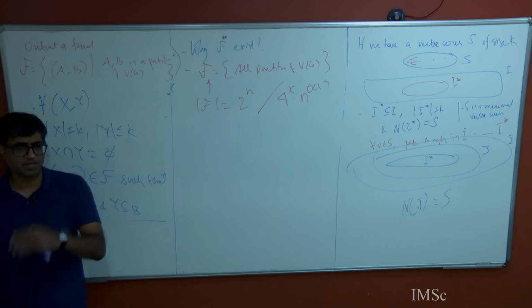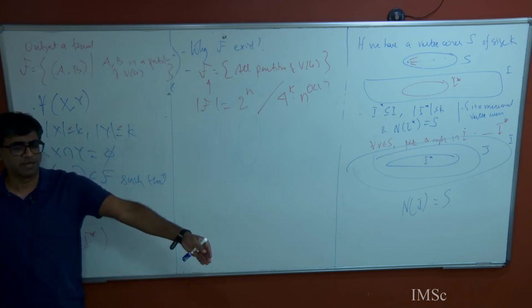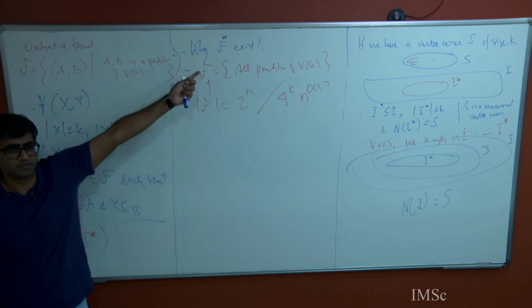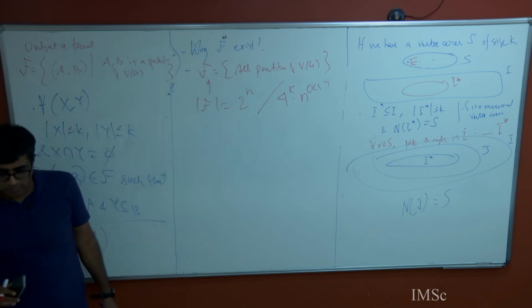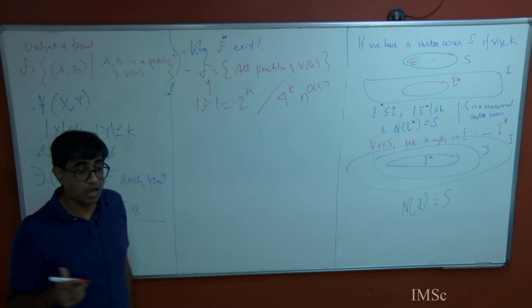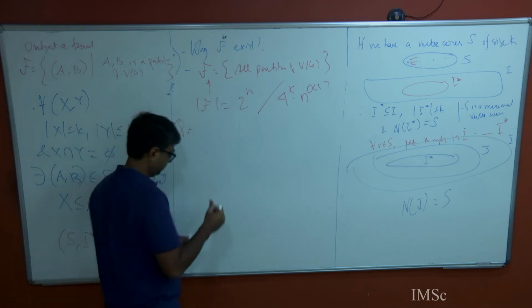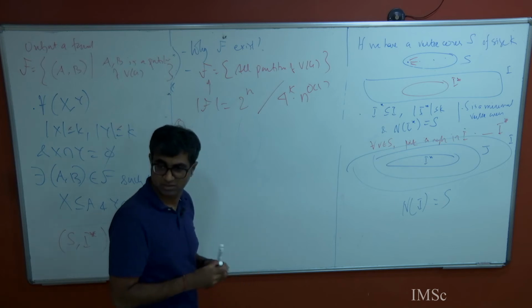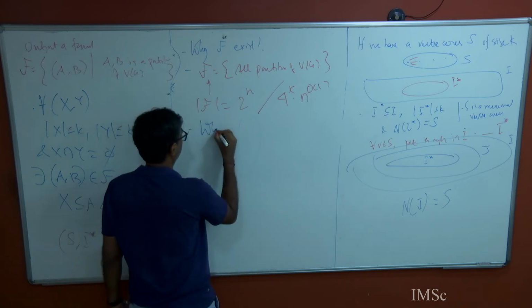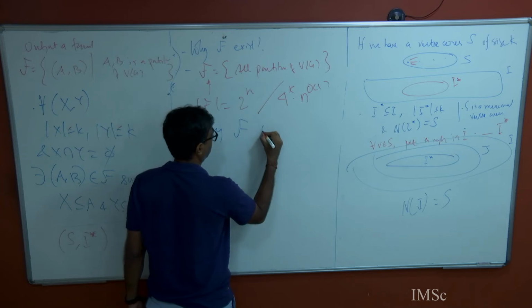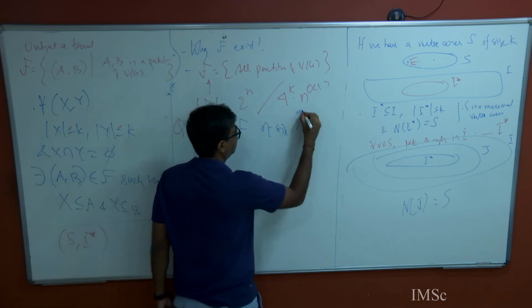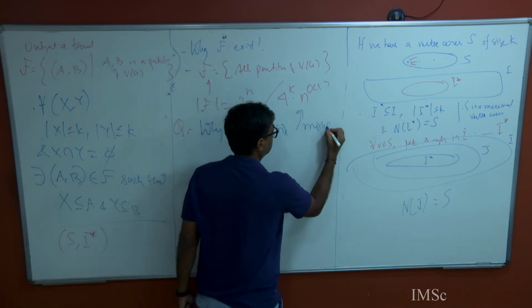Just take this on one side, take every other element on the other side, you are done. That also exists because I am taking all partitions. So first let me say why such F exists. Question: why might an F of this size exist?